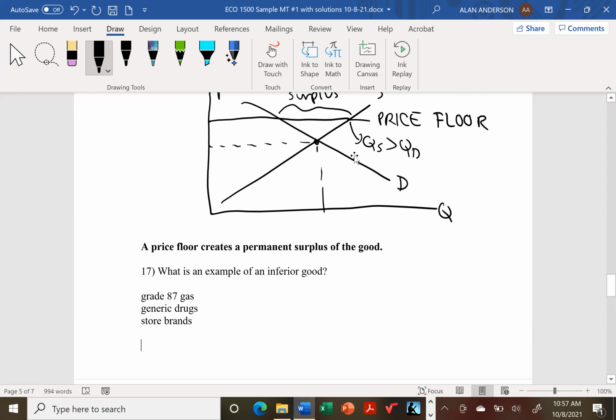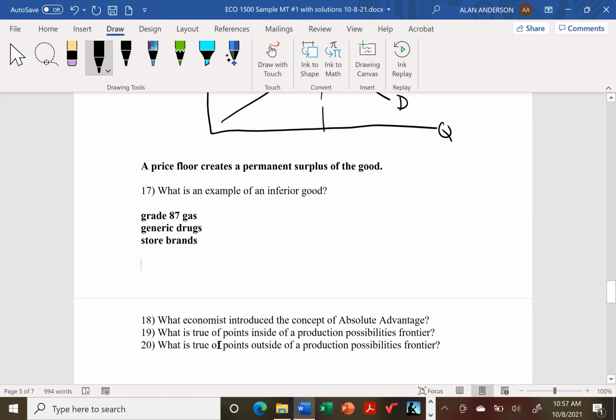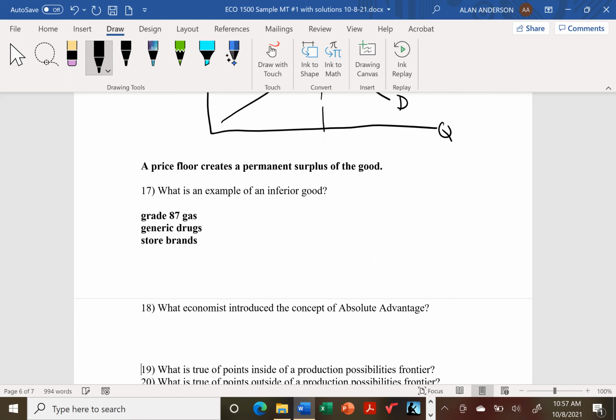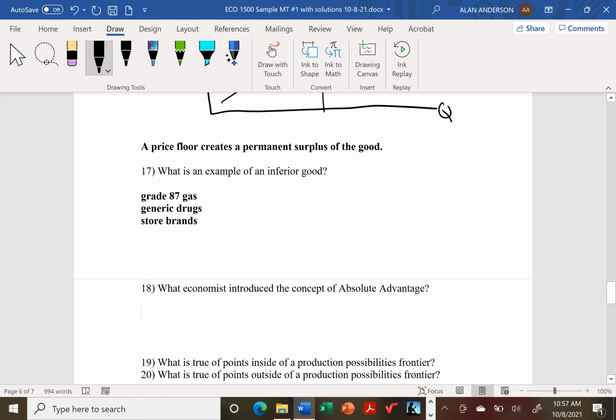The things that you normally only buy because you can't afford something better. Now, that doesn't mean these aren't good products, but in the public's mind, Tylenol is a better product than CVS painkiller, even though they may be chemically identical. So people will probably switch to the more expensive Tylenol if their incomes start to rise. And if that's true, that makes it an inferior good.